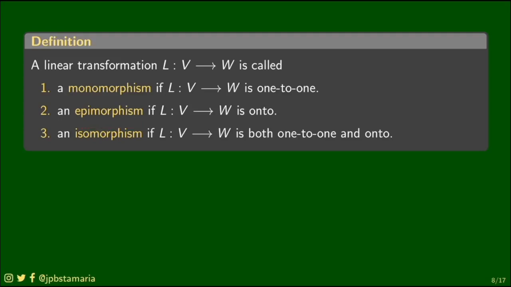And when a linear transformation is both one-to-one and onto, we call it an isomorphism. I know that in group theory, you have talked about isomorphism in abstract algebra before. But to distinguish this isomorphism from group isomorphism, whenever you talk about vector spaces, you say L is a vector space isomorphism to be more precise.